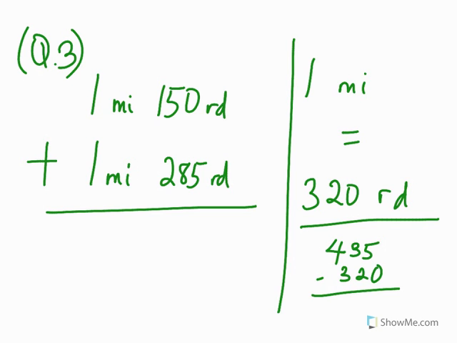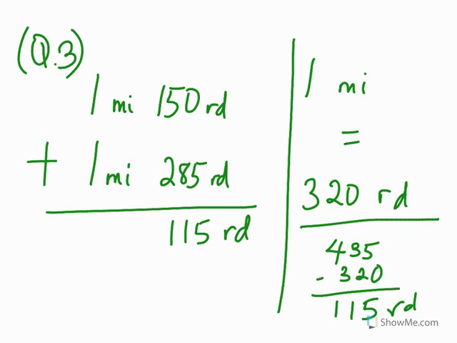Okay, and that becomes 115 rods. This 320 rod is actually 1 mile, which you will now have to add here. When you subtract the excess, you have 115 rod.